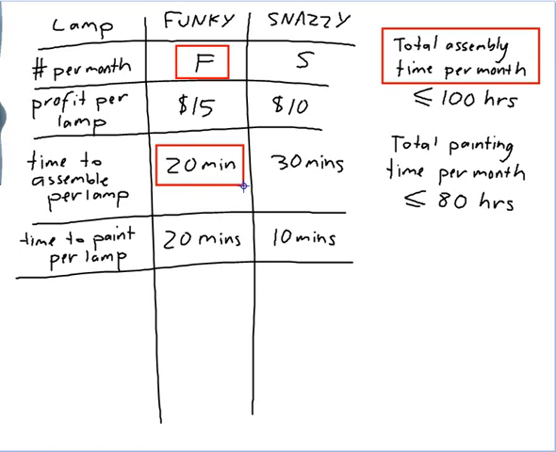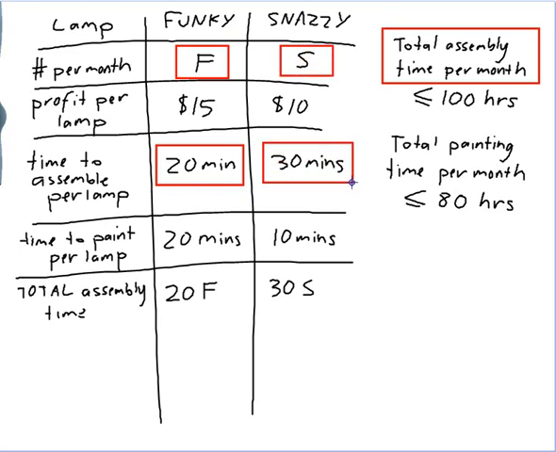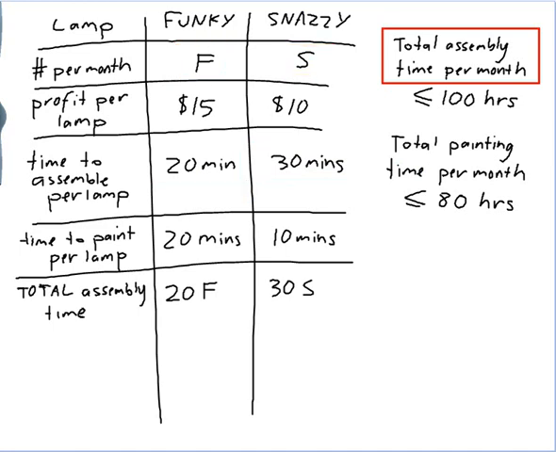So the total assembly time is 20F and 30S, because I've got S snazzy lamps and they take 30 minutes each. And together these make up the total assembly time in minutes.